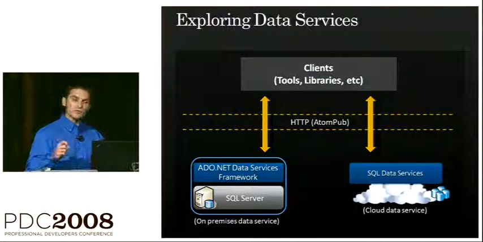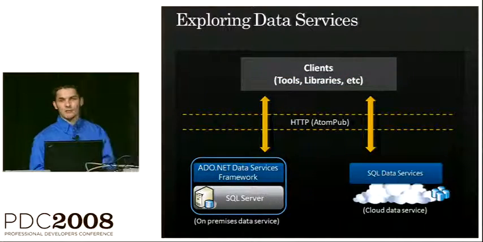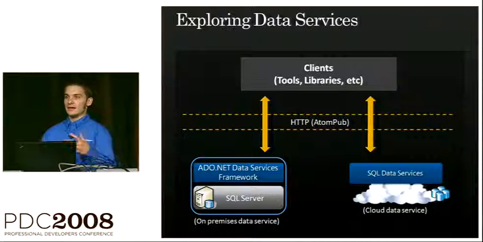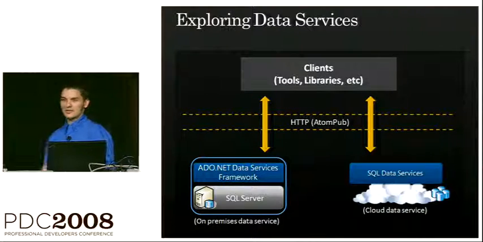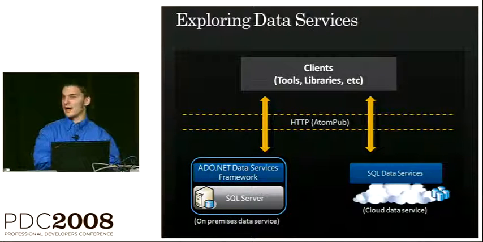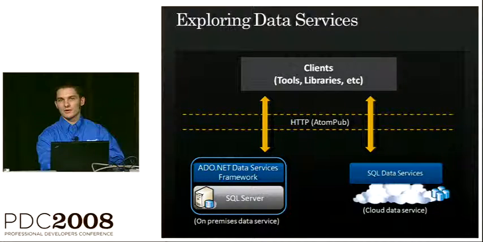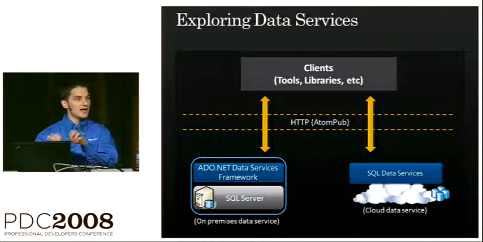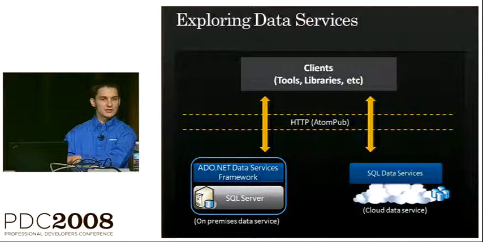And so to pick on two of the services that were on that spectrum, the first is an ADO.NET framework-based data service, so an on-premise service that I've created previously and is running on my laptop here. I have SQL Server running, I have the services framework running, and I'm exposing a local service on-premise right here.